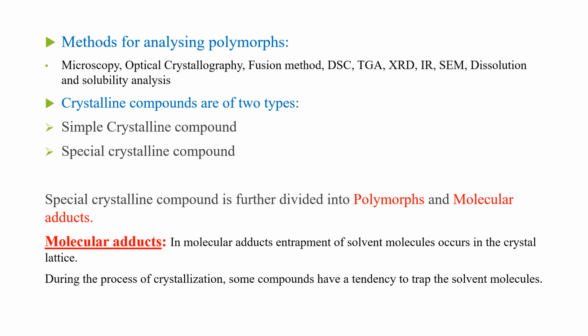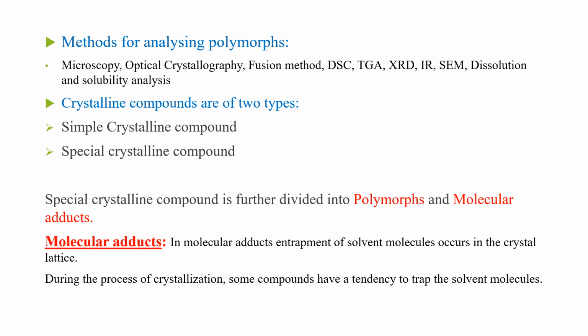We have already seen that the special crystalline compounds are divided into polymorphs and molecular adducts. The next topic of discussion is the molecular adducts. So what are molecular adducts? In molecular adducts, entrapment of solvent molecules occurs in the crystal lattice.